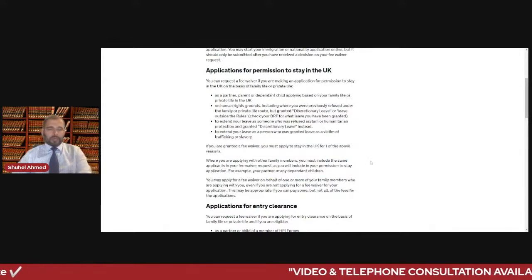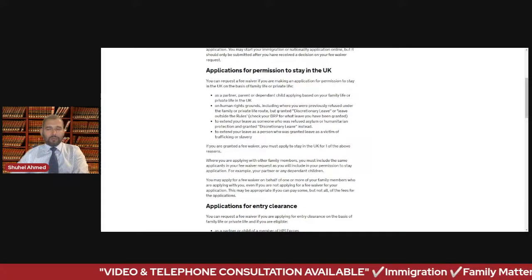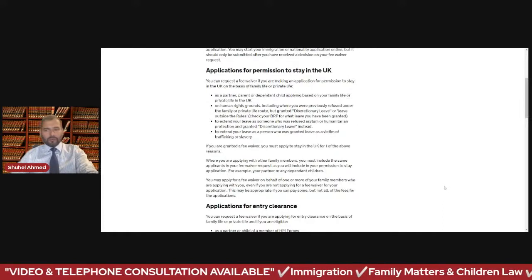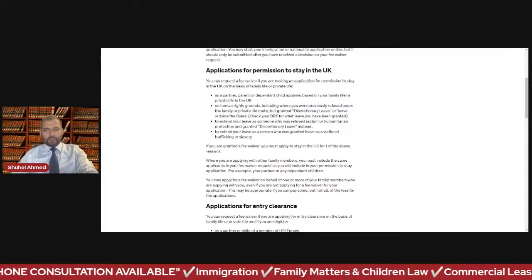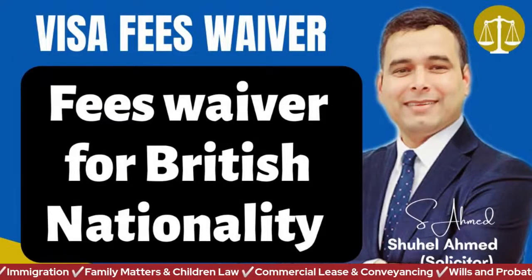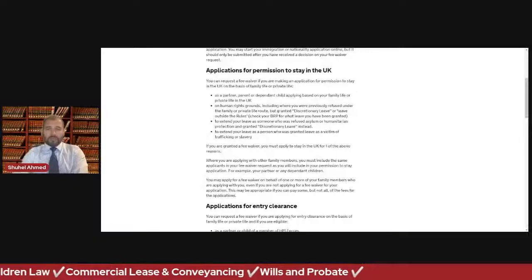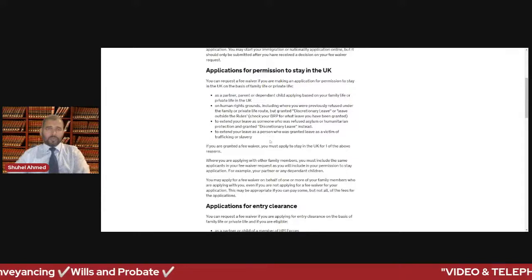Now in the UK, there are many people who cannot afford the Home Office fee. As I said, this is not only limited to human rights applications. Now I'll explain what categories it covers.